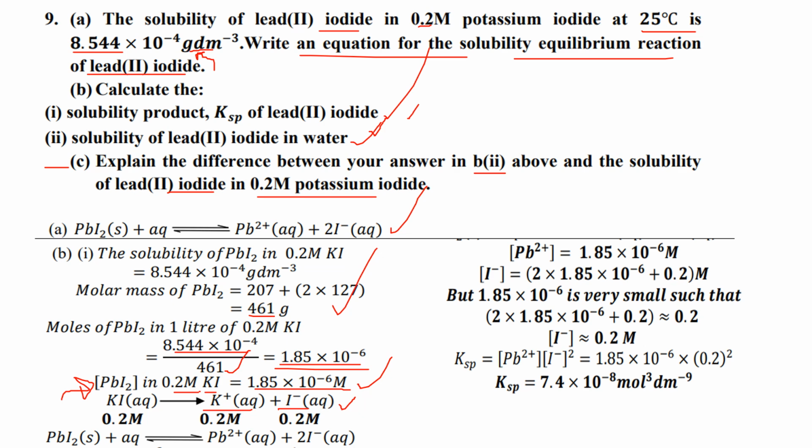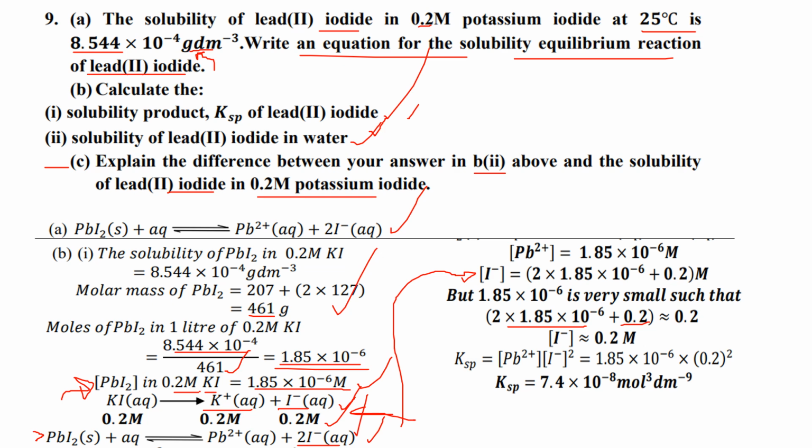So we write the solubility equation, and you are going to say that therefore the molar concentration of iodide is the summation of the molar concentration from the strong electrolyte together with the molar concentration from our solubility equilibrium reaction, which is going to be twice the molar concentration of lead iodide, since the mole ratio is 1 to 2. So we have twice the molar concentration of lead iodide plus 0.2, 0.2 being the molar concentration from the strong electrolyte.